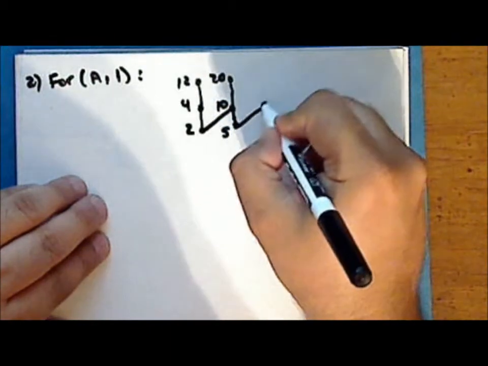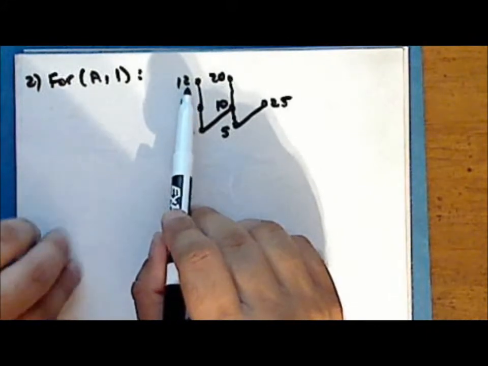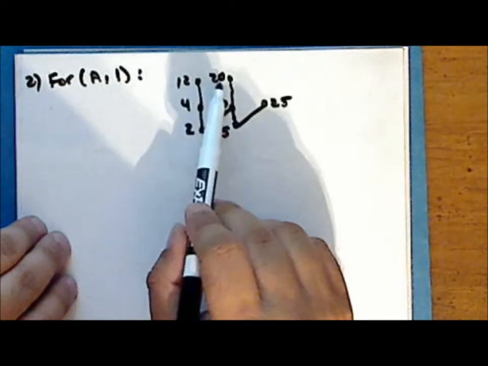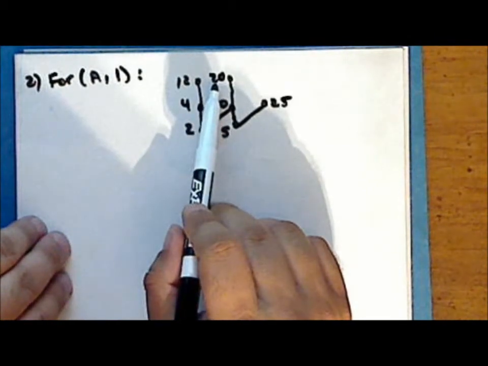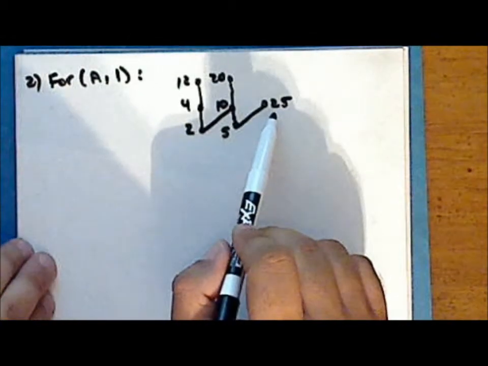And finally, 5 divides 25. So notice that there is no element that 12 divides other than itself. There is no element that 20 divides other than itself. And there is no number that 25 divides other than itself.